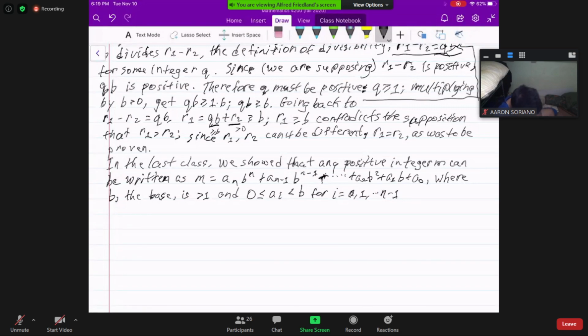So these could be less than or equal to b, and 0 is strictly less than a sub n, which is less than b.